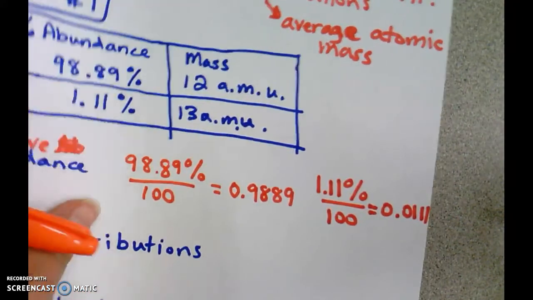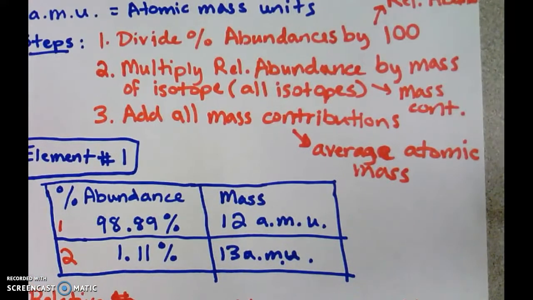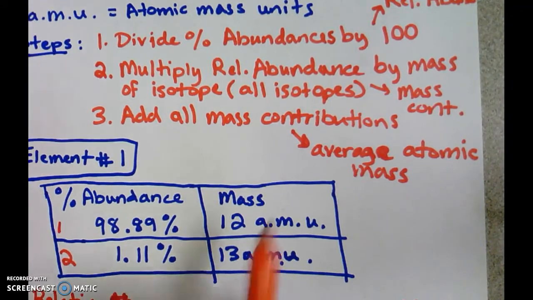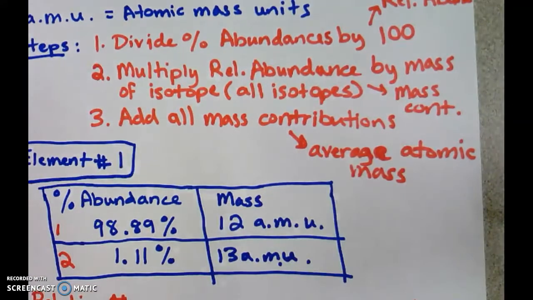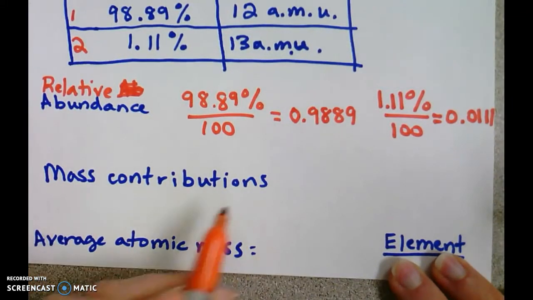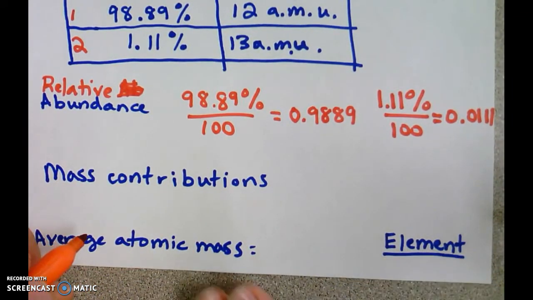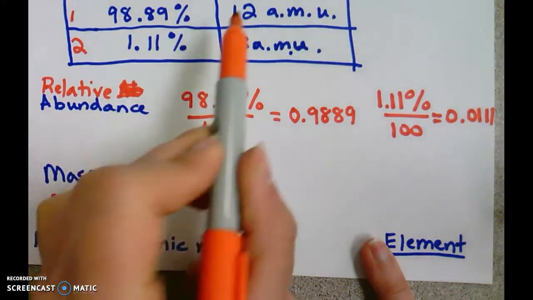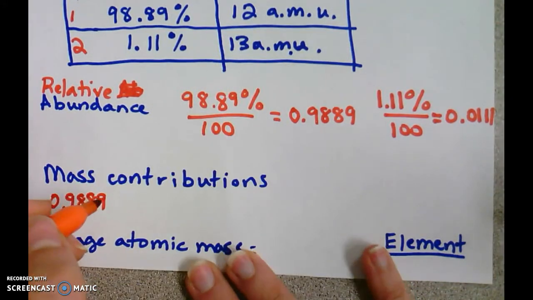Okay, so then on the next step, I need to multiply the relative abundance by the mass of the isotope, and that will give me my mass contribution. So here I wrote mass contributions because I want us to find the mass contribution. So we'll take 0.9889, and just like it told us, relative abundance times the mass of that isotope, 12 AMU.